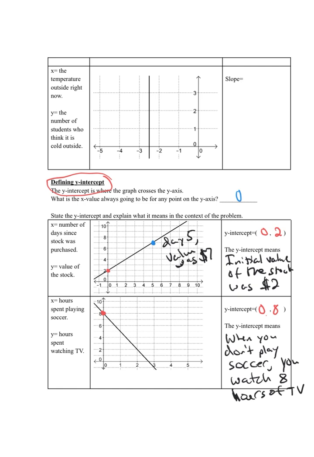Yes, so it's always good to have a little more activity in there. And notice 1 hour of soccer is only 5 hours of TV. So just that 1 hour of soccer actually decreases your TV time by 3 hours, right? Because it takes time to get to the soccer field, change clothes and all that stuff.